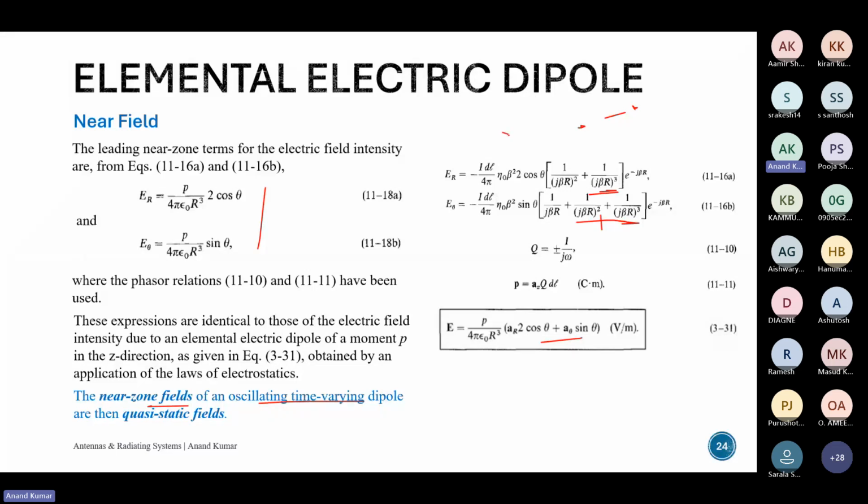So you get this expression over here, 331, from electrostatics, and the expressions over here are obtained from electromagnetic theory. Over here you have time varying fields, over there you have static electric fields, but the expressions look similar. So the near field zone is known to have quasi-static fields. They resemble static electric fields.